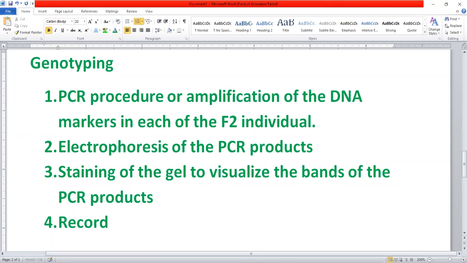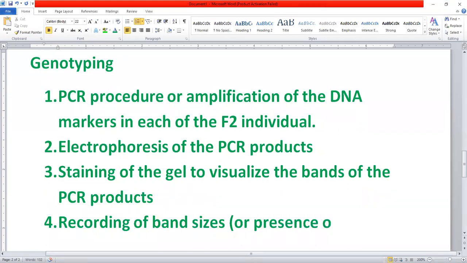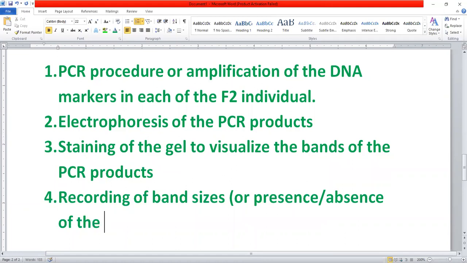Recording of band sizes or presence or absence of the bands.